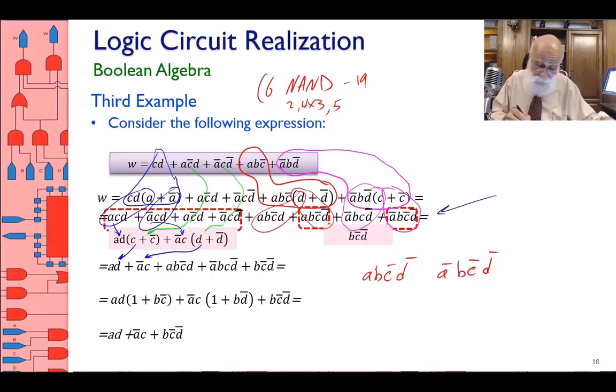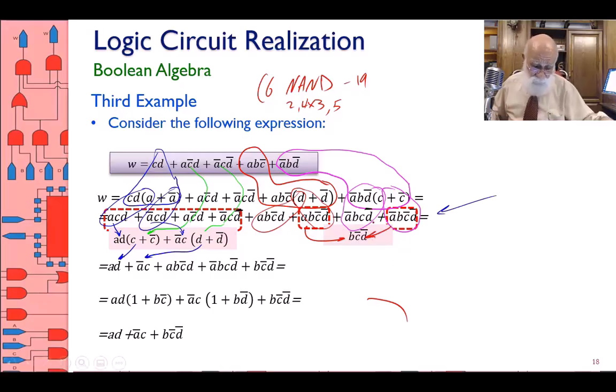Again, use the distributive law, factoring out B, C bar, D bar, becomes B, C bar, D bar, A or A bar, and therefore these two, the red, become B, C bar, D bar.